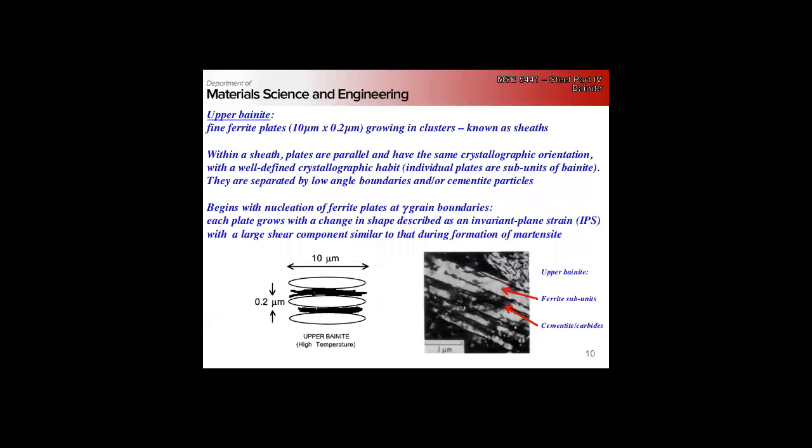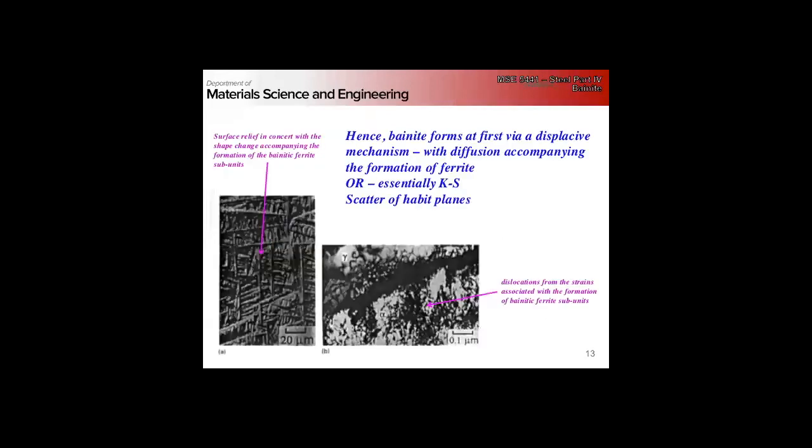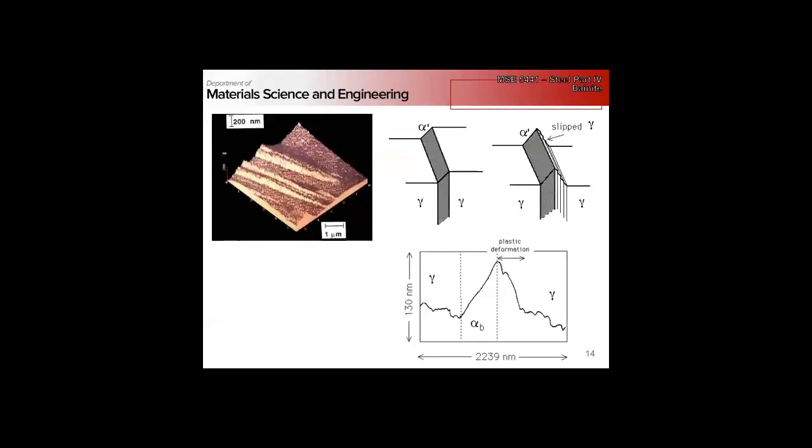In upper bainite, we transform, and then all the carbon diffuses out, and we get layers of carbides in between the subunits as the sheaf grows, right? And we have a shear associated with it, which gives us relief on the surface. But what happens is we have plasticity that forms.